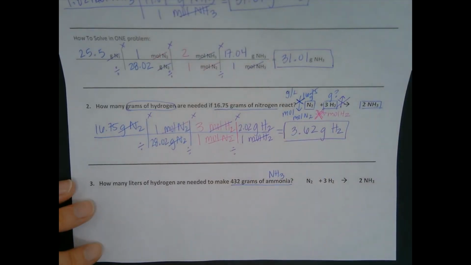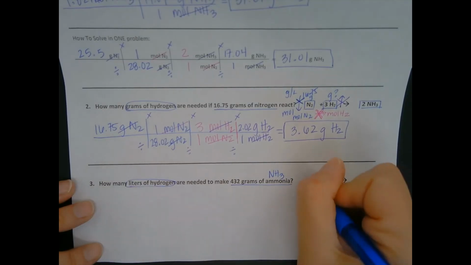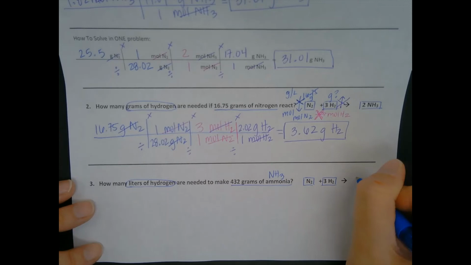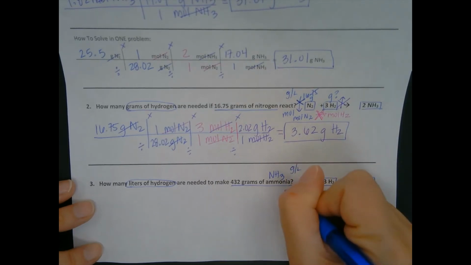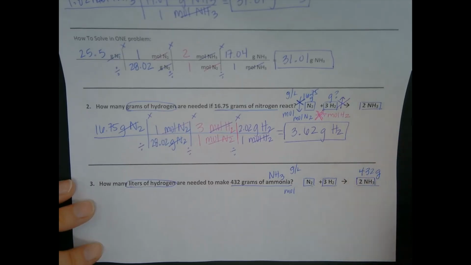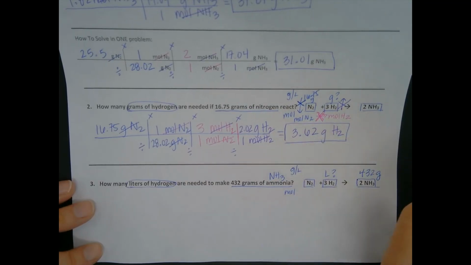And what are you trying to find? Liters of hydrogen. So I'm going to map it out, just so we all know where they're coming from. Grams and liters on the roof, molar on the street. I'm starting with 432 grams NH3, and I'm trying to find liters of hydrogen.